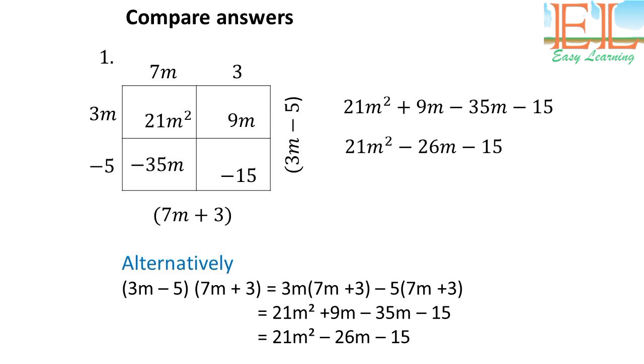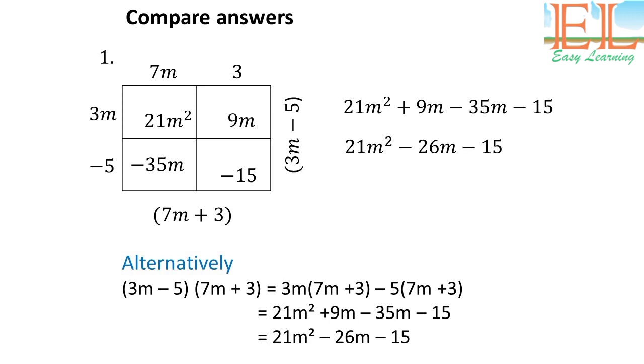So multiplying 7m plus 3 and 3m minus 5 is the sum of all the terms in the boxes. And that gives me 21m squared plus 9m minus 35m minus 15. And simplifying by working with like terms, I have 21m squared minus 26m minus 15. Did you get that?